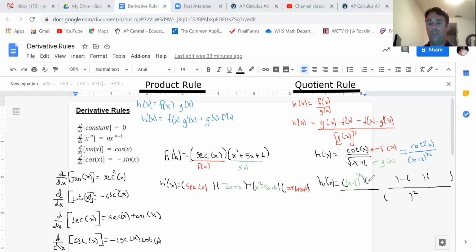So derivative of cotangent would be negative cosecant squared x. Minus top, so cotangent x. Times the derivative of the bottom.